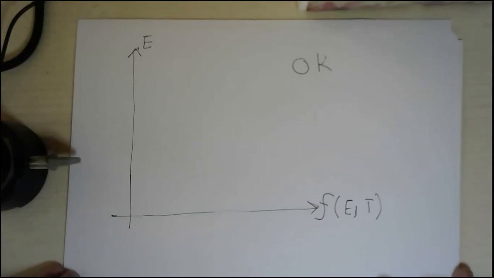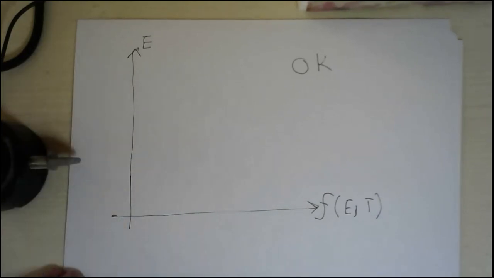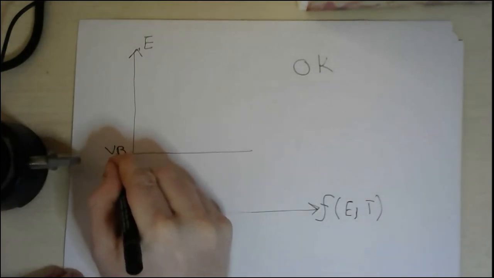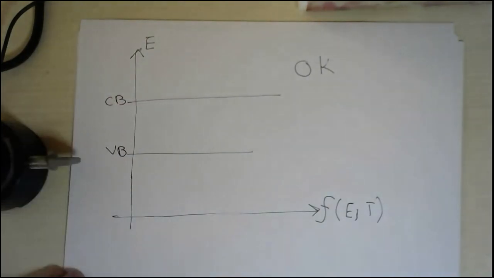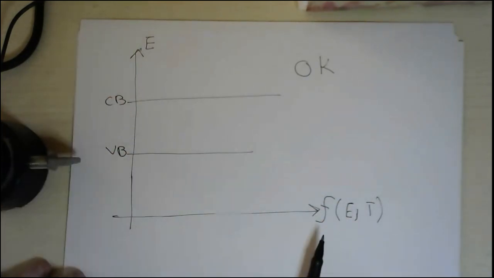In the energy gap, in the energy level, we have two known points, which are the valency band and the conduction band. Now we are targeting to plot the function f in this state.